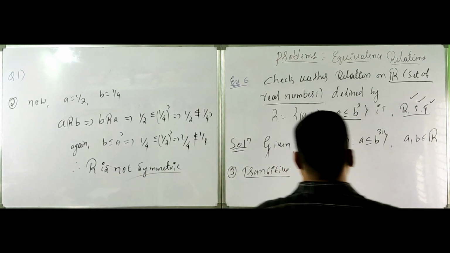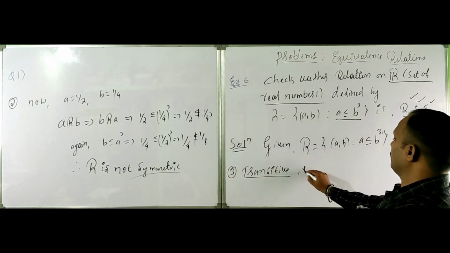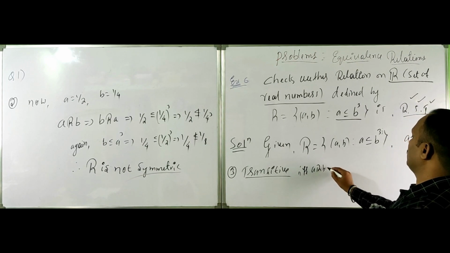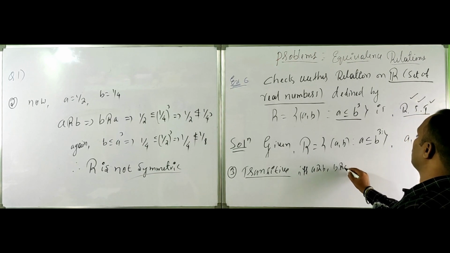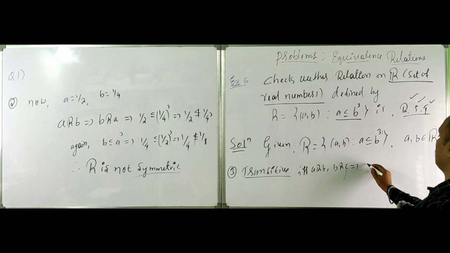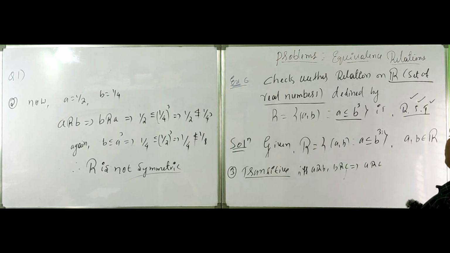The further condition is if aRb and bRc implies aRc. It means you have to show if a is less than or equal to b cube and b is less than or equal to c cube, this implies that a is less than or equal to c cube.